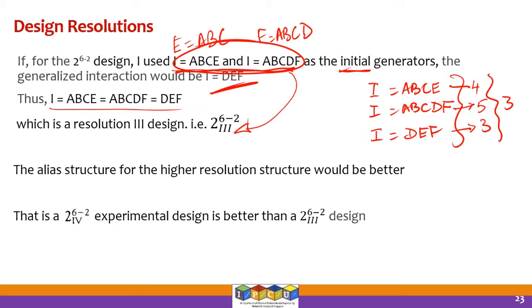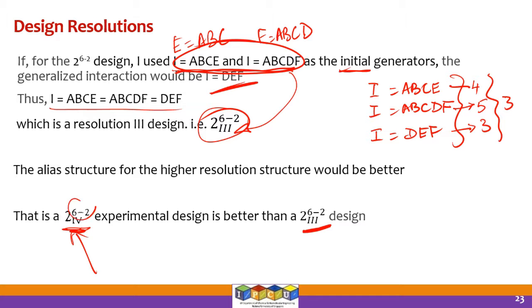So it's still 2 to the power of 6 minus 2, but it has a lower resolution than the example we saw earlier. So the alias structure for this new design will be poorer than the alias structure we had for the previous choice of design generators. A resolution 4 design is better than a resolution 3 design simply because it has a better or safer alias structure.